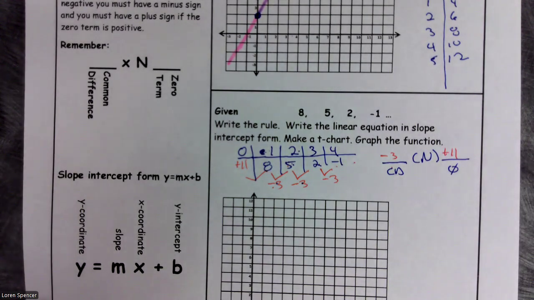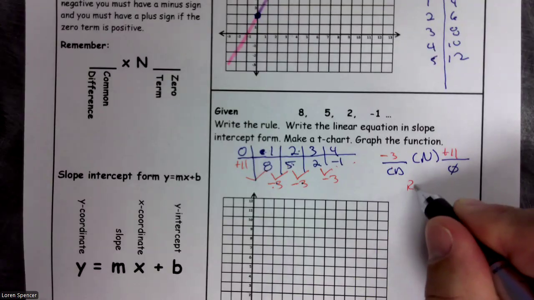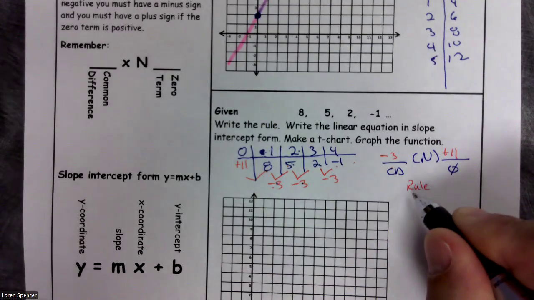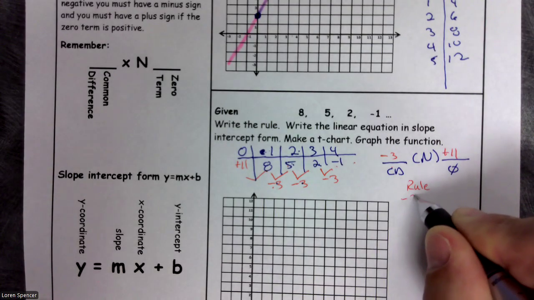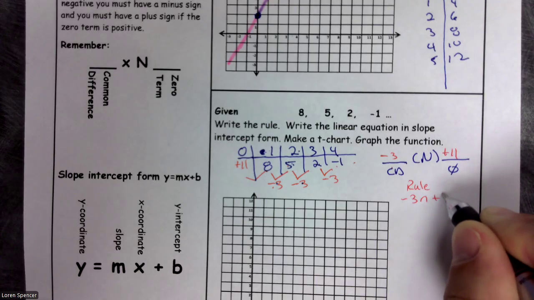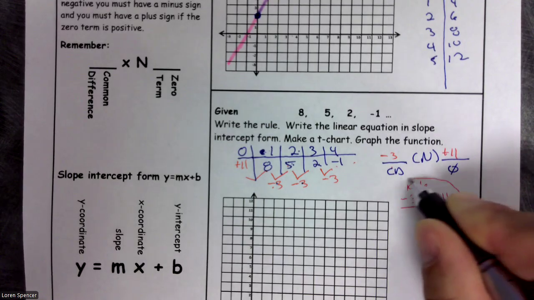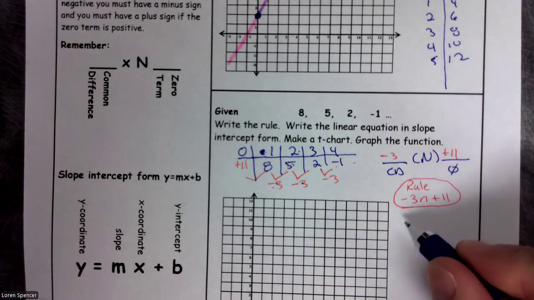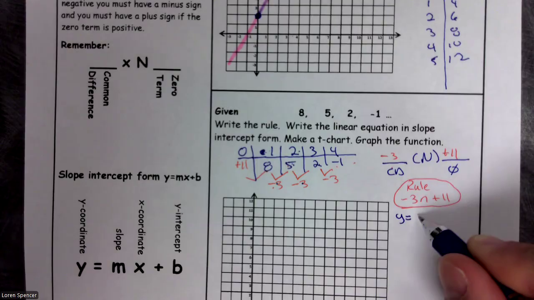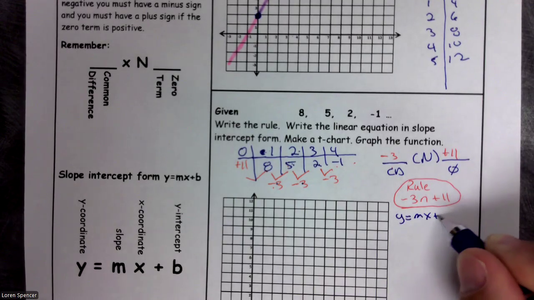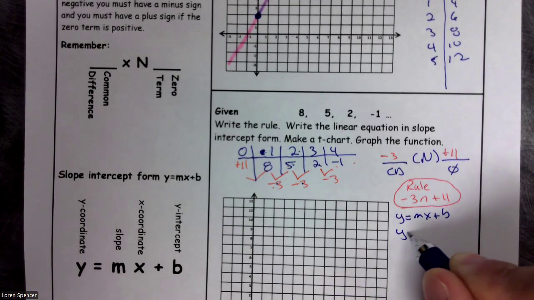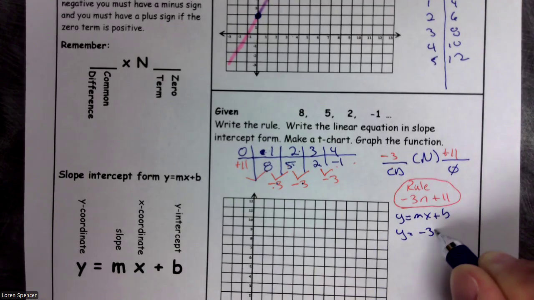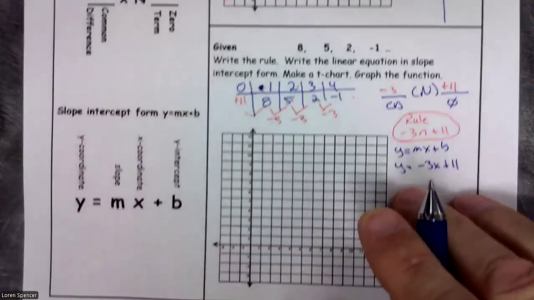So our rule is negative 3n plus 11. That's our rule. Now we want to do it in slope-intercept form, which is just going to be y equals mx plus b. So y equals negative 3x plus 11.